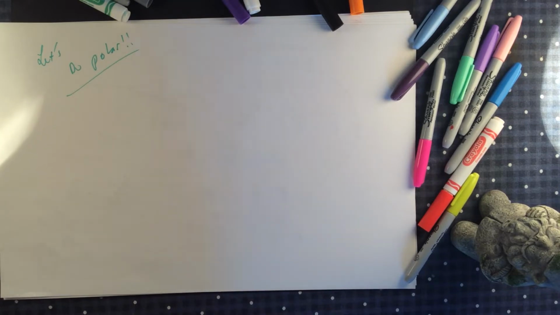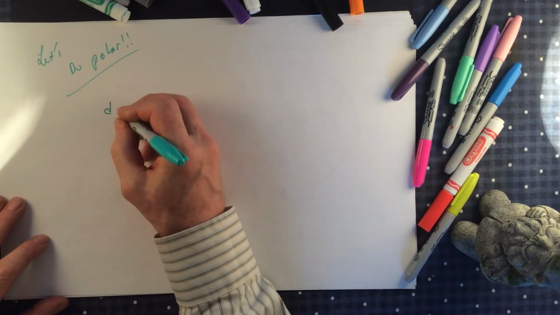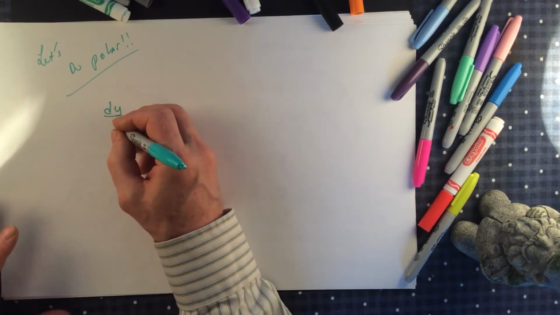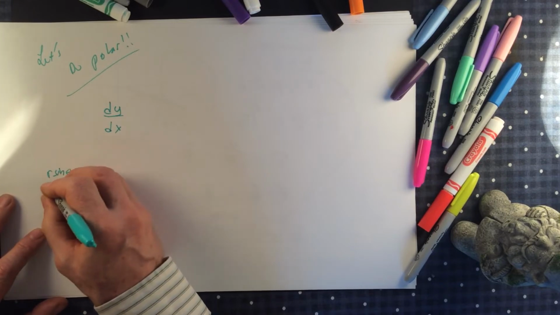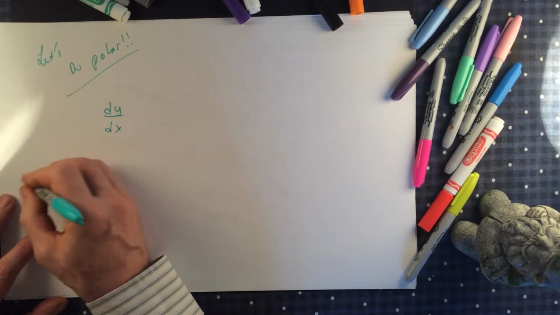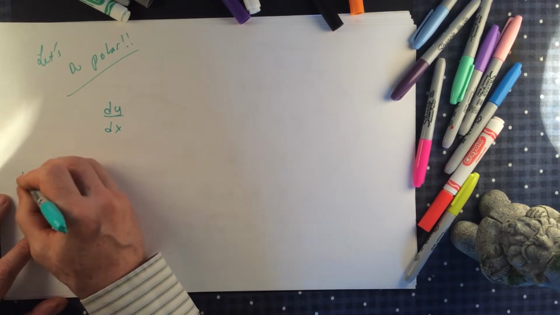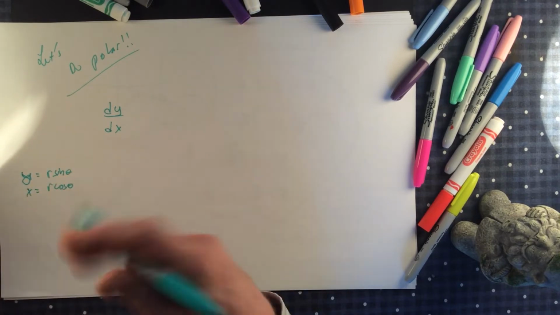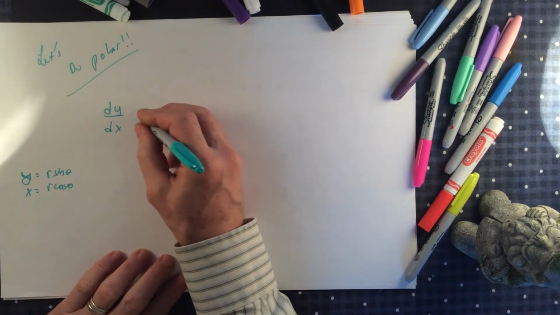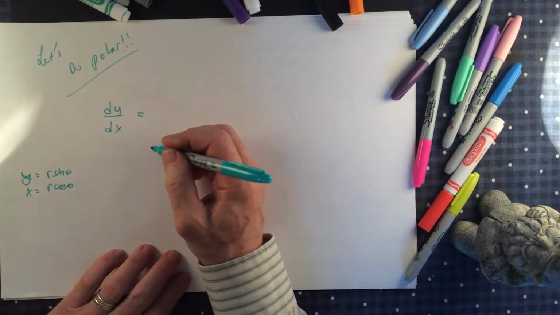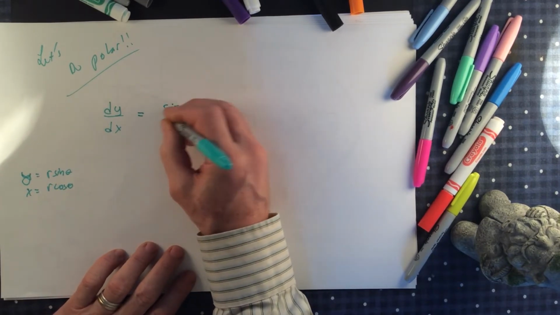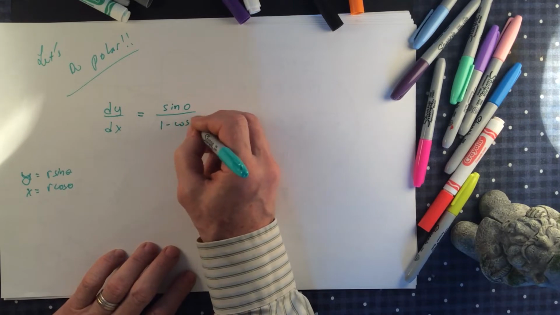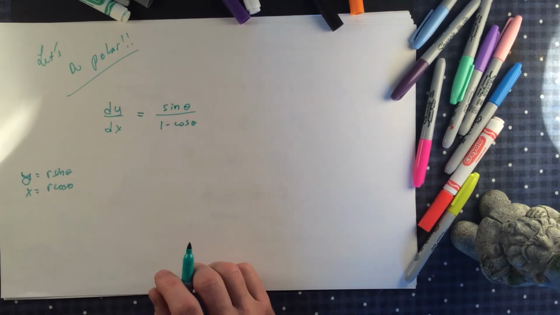So the one equation that we did in polar had the r sine theta, r cosine theta, and then we calculated all the derivatives. It actually can be simplified to the following rule. It is nothing more than sine theta over 1 minus cosine theta when it's all done.